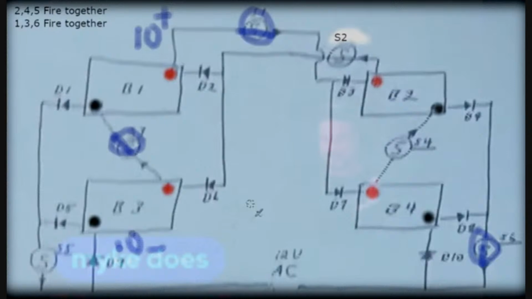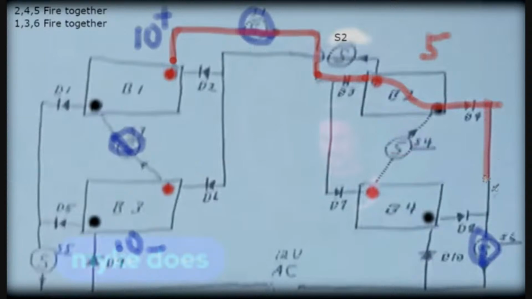And what happens, where does this 10-volt plus go when these switches are closed and the other three are open? Well, the 10-volt can go across here, through the diode, across the battery, through the diode. Now keep in mind, this is currently a 5-volt battery because this switch is open. And that's 10 volts cutting across a 5-volt battery, so that would give that battery charge.